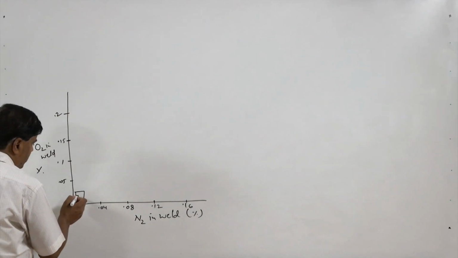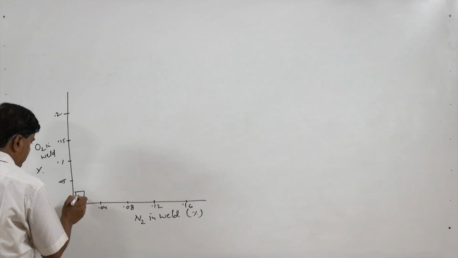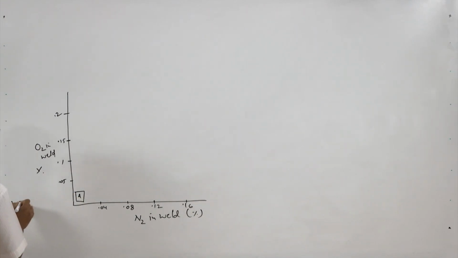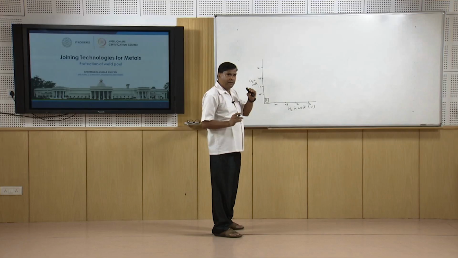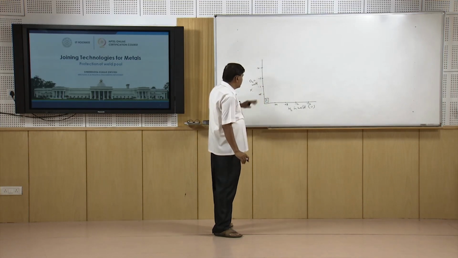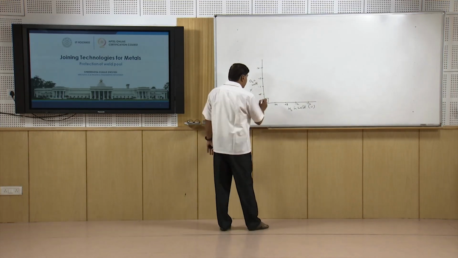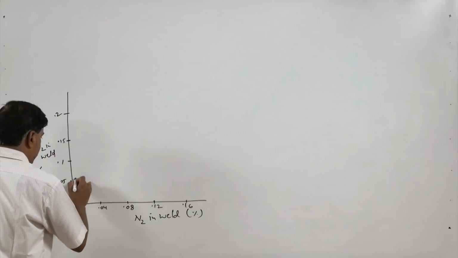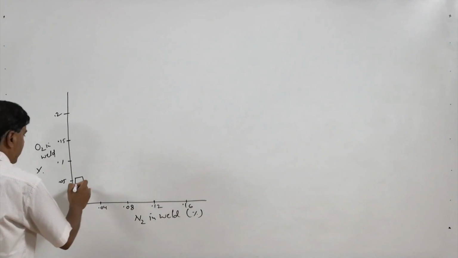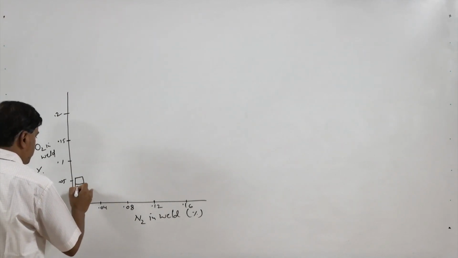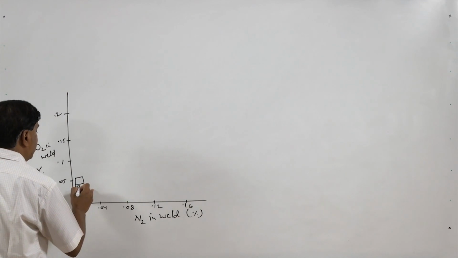The weld produced using the process, like say A, is TIG welding, which invariably uses the inert gases and it produces the cleanest weld, and thereafter we will have the MIG welding, MIG or GMAW. It can use CO2 or argon, like say if argon is used, this lower band, and if CO2 is used, higher band.